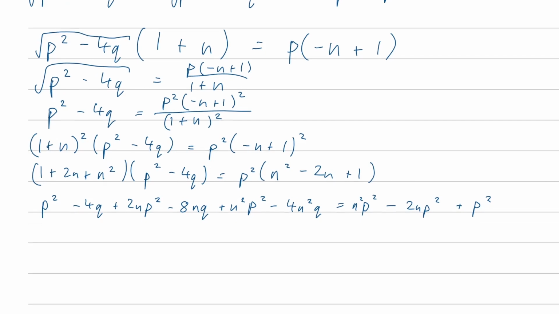So I see a p squared on both sides, so they will be eliminated. Let's take everything to the left side and put the n squareds first.